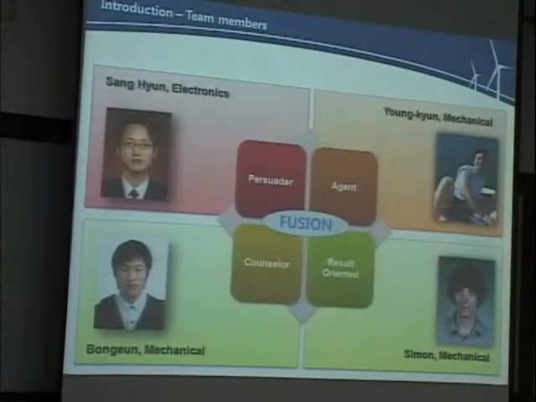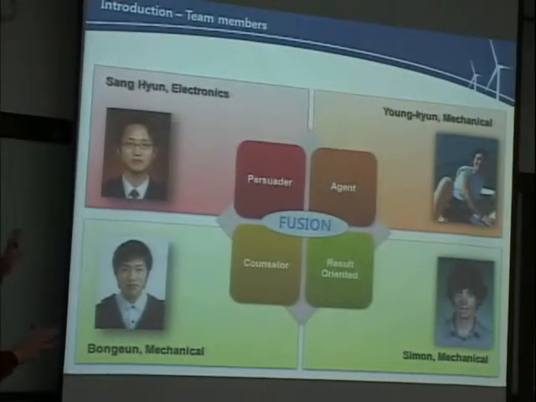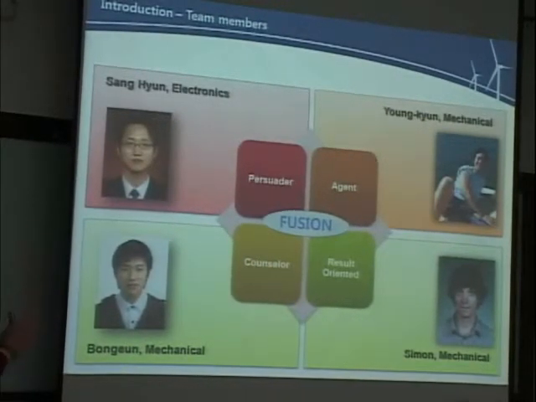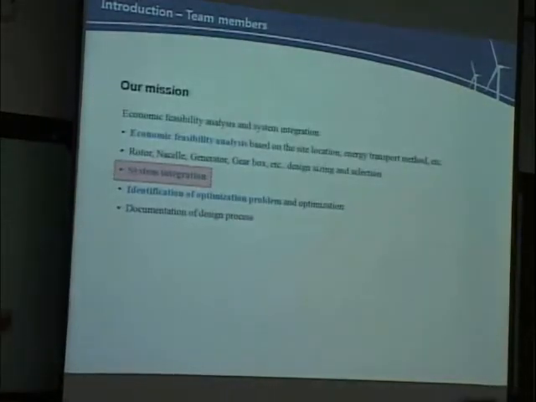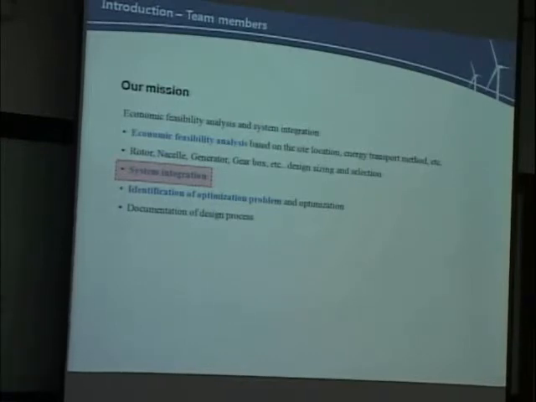So first of all, our team is like a fusion of different kinds of behavior. Our mission is to create the economic feasibility and the system integration of all the wind turbines.